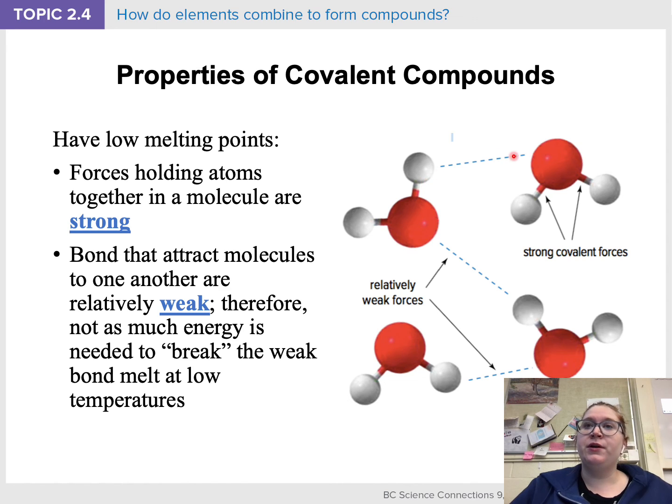However, the bonds attracting the molecules together are very weak. Unlike that crystal lattice structure of the negative and positive ions for an ionic compound, molecules are held together very weakly. So therefore, it doesn't take as much energy to break those molecules apart, and the covalent compounds have a relatively low melting point.